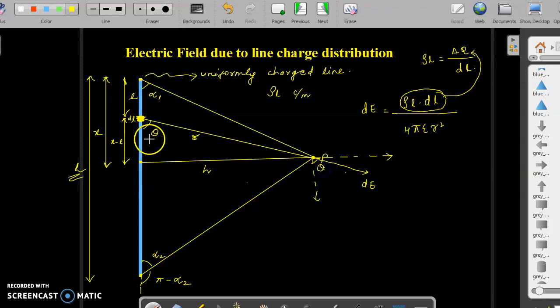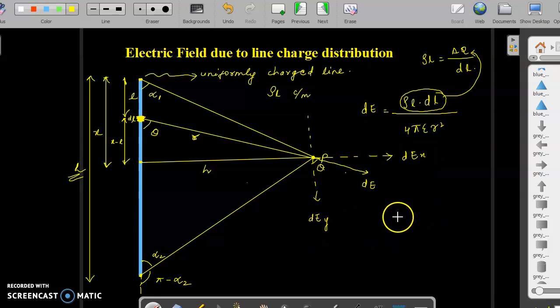This theta exactly matches this theta, because this dotted line and this line charge are parallel to each other. So the electric field intensity at point P due to dl we can resolve into two components, dEx and dEy.